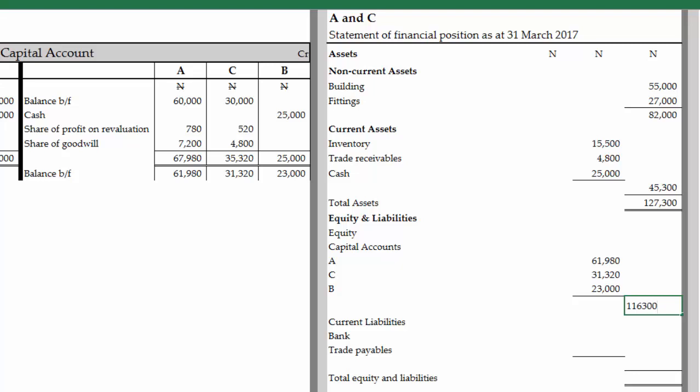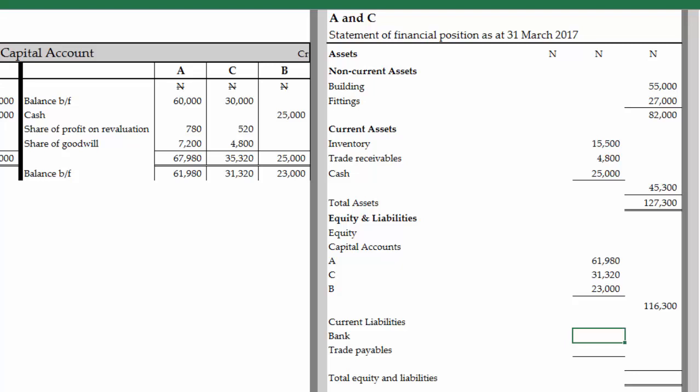We don't have any non-current liabilities, but we have current liabilities. From the question, the current liabilities that we have were bank, which is a bank overdraft, because when you have bank under current liabilities, it means you have overdrawn what you have in your account with the bank.